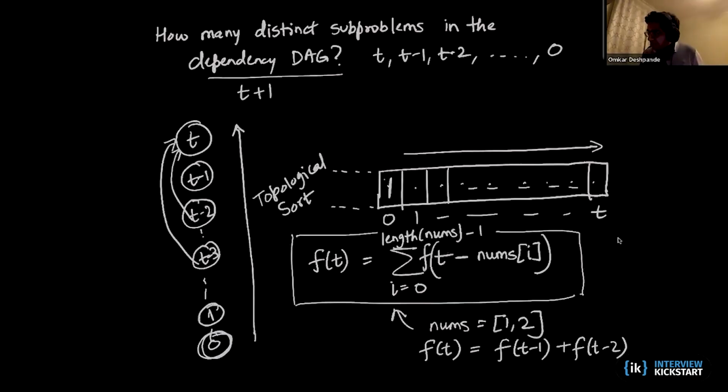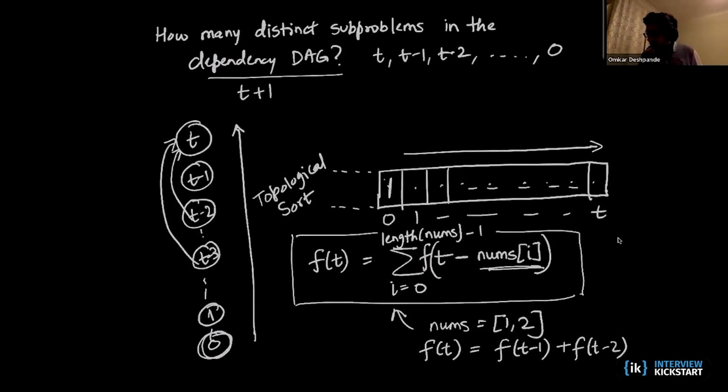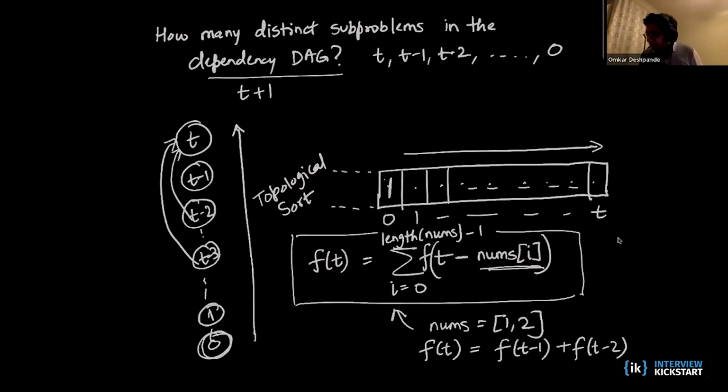So for each coin in our nums array, we are going to look at the previous result and add it to a cumulative sum. Initializing everything to 0 is good because our cumulative sum starts out being 0 for any i, and so every time we find a value here, we just increment the table of i value by that amount.